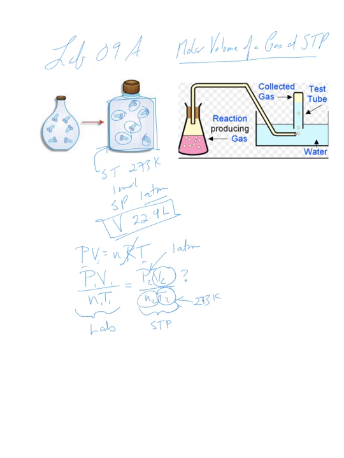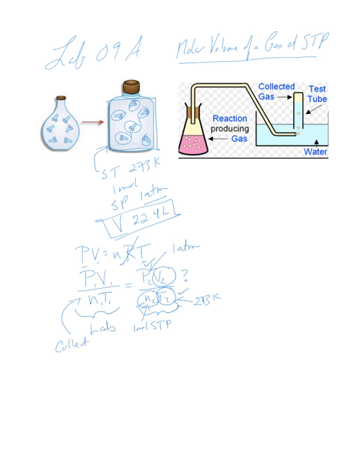And we're looking for 1 mole of a gas, because the question is, what's the molar volume? So we're talking per mole. We know these 3 variables on this side, and we need to collect all of this data from the lab.